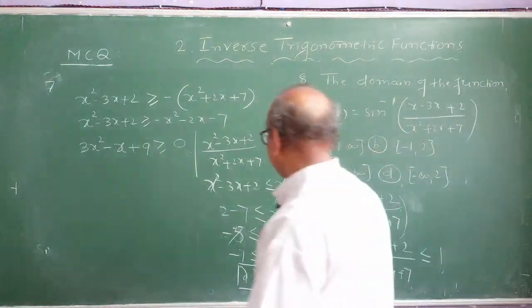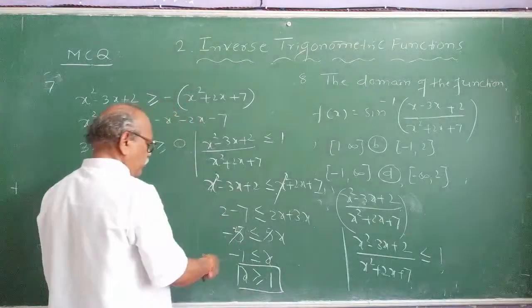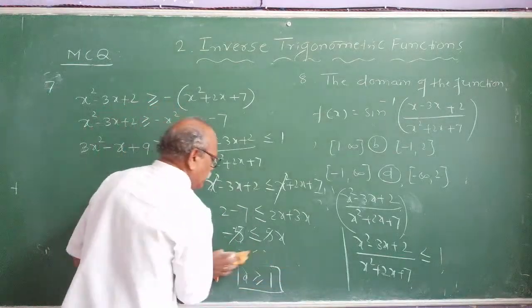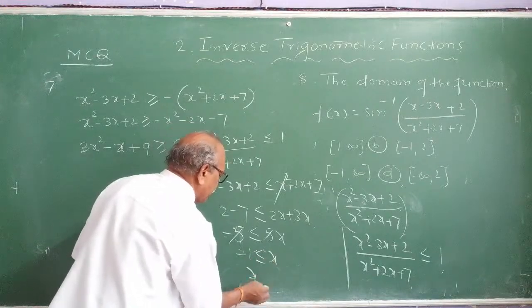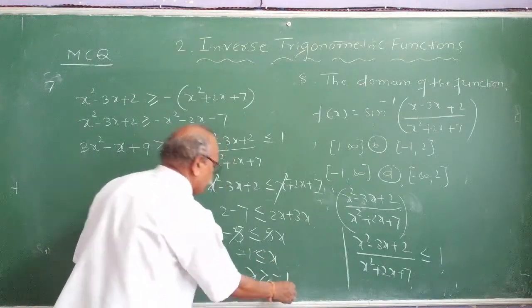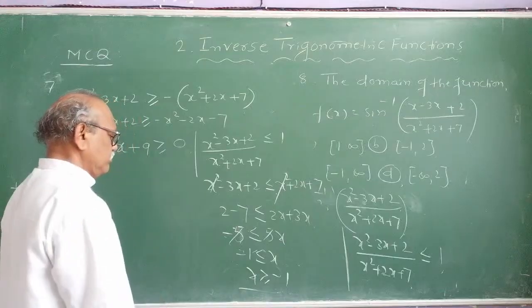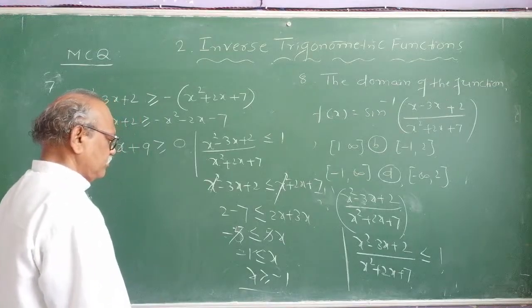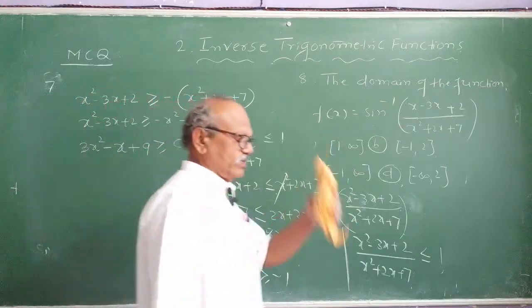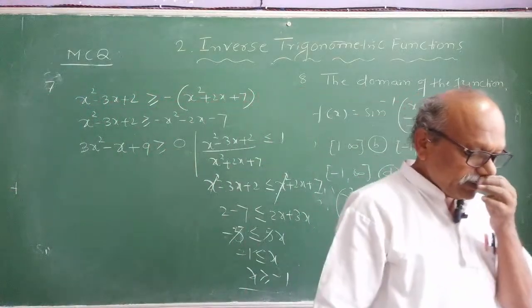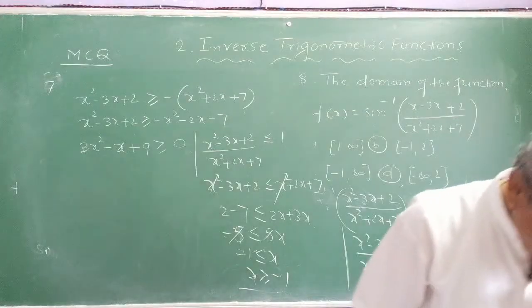x is greater than or equal to, if you multiply this with minus 1 is less than or equal to x, means x must be greater than or equal to minus 1. Whenever you multiply with the minus sign, x is greater than or equal to minus 1. And what is the value?